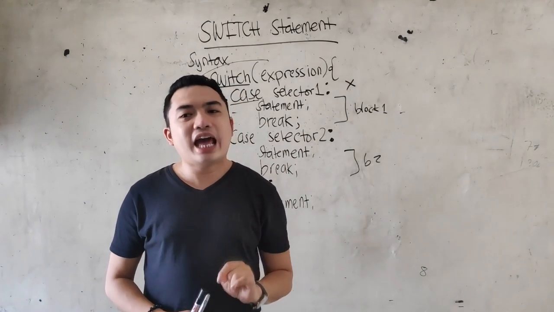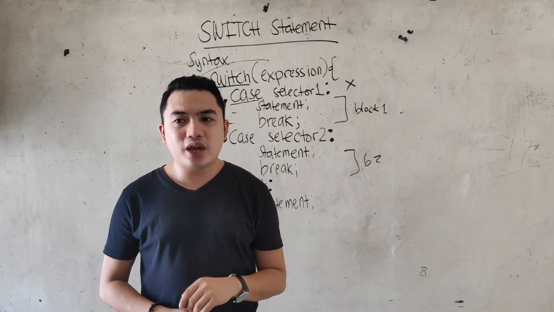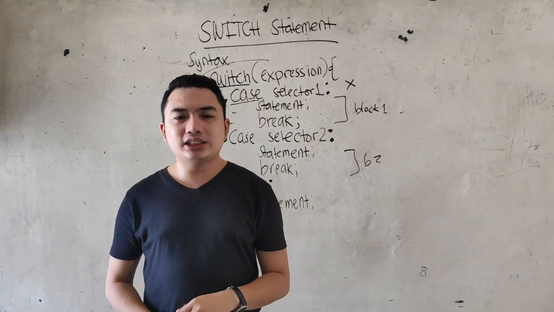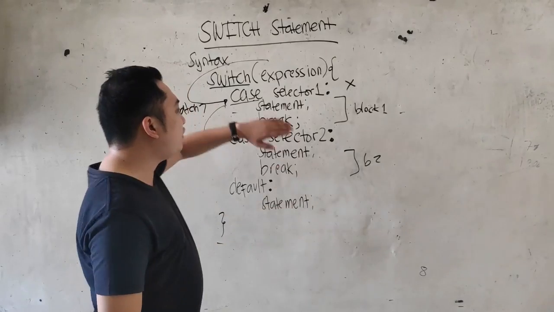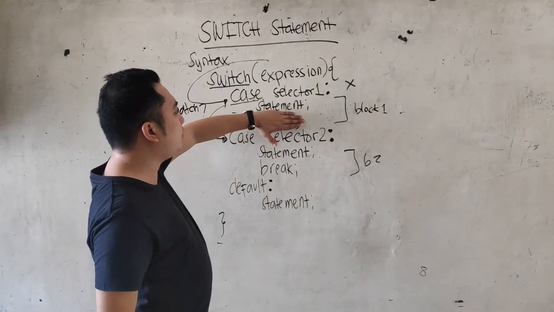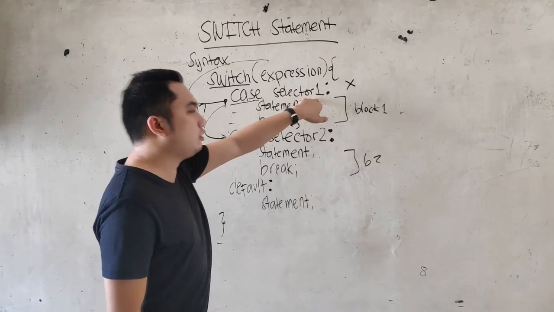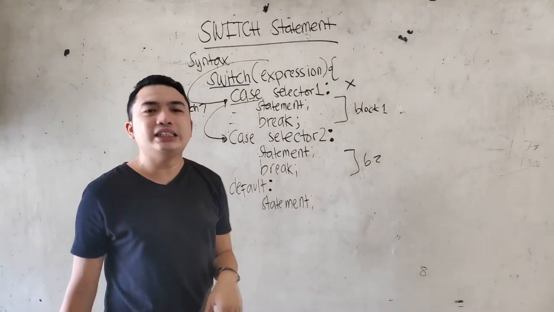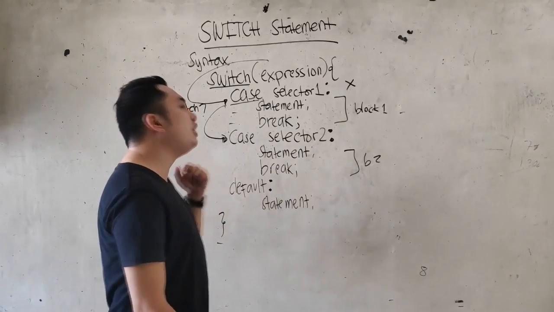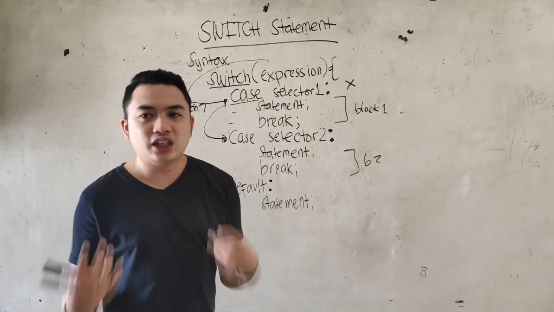So not only that, the statements associated with the succeeding cases are also executed. So if there are no break statement, when selector 1 is matched, all of the succeeding cases, including the default statement, will be executed.